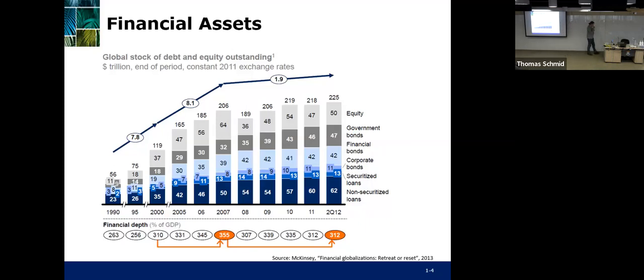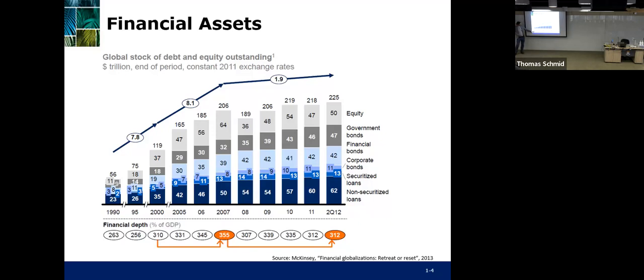Okay? I think the interesting question now is why they grew so much. To understand that, we have to link financial assets to the real assets again. The last line here sets financial assets in relation to GDP. GDP is a proxy for real assets, the real economic activity of a country. So the last line shows you financial assets divided by GDP. What we find is that there is still growth, but the growth is not super dramatic.